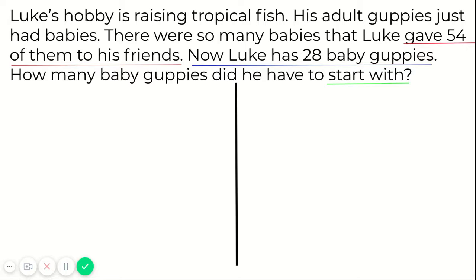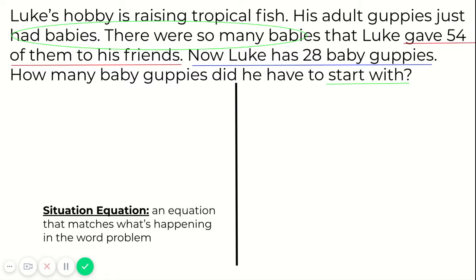I'm going to look back at the beginning of the problem and see if it gives me any clues about how many baby guppies Luke started with. At the start of the problem, all it says is that the adult guppies have babies and that there was a lot of them, so many that he had to give some away. So we don't know the amount of baby guppies that he had at first. So that's going to be our unknown.